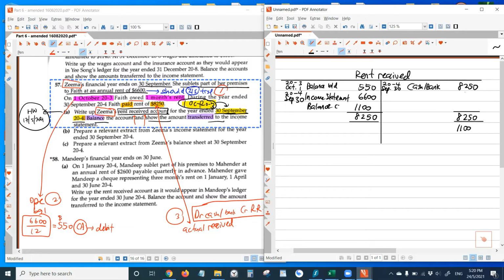Balance c/d, balance b/d here. Must write the word balance in full, okay? Don't write BAL. And here should be the first day of the next year, October 1st. Okay, so these are the answers to this question 57.